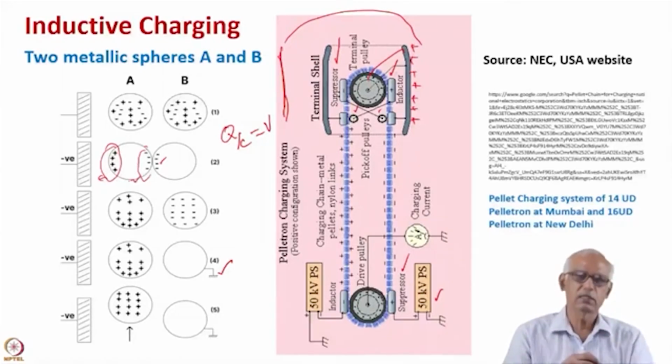Third thing is that since pellets are metals, there is no formation of lints, etc., and therefore there is no high gradient formed, as was the case in the belt charging. Here it is uniformly going, so much better stability can be achieved in the case of inductive charging, and that is what is done in the case of pelletrons.